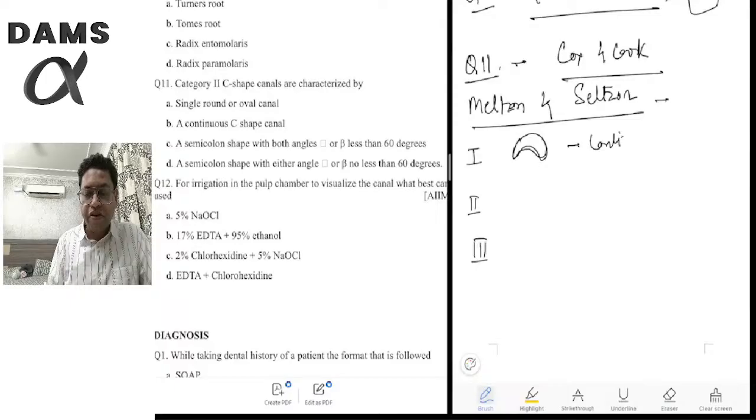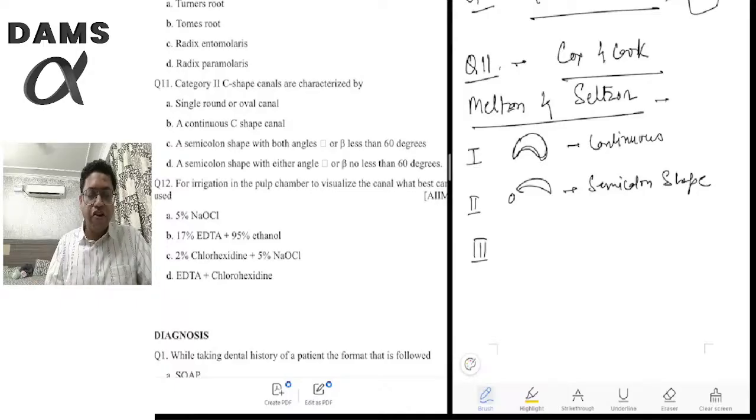Category 2 is semicolon shaped. So if we look at the options, option C and D can be the answer, but there is an add-on to it: a semicolon shape with two angles alpha and beta, either angle not less than 60 degrees.